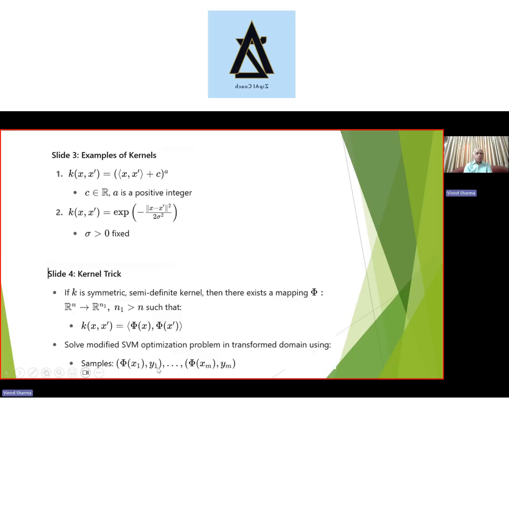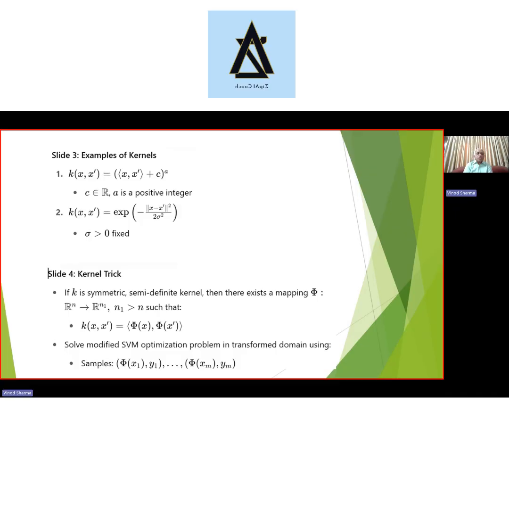So the label stays the same, but xi becomes phi(xi). In this space, we use SVM to get a linear classifier. And the hope is that in the larger dimensional space, the data is much more linearly separable, and getting the optimal linear classifier in this modified space can give much better performance.